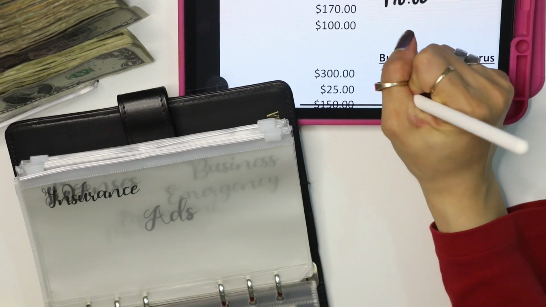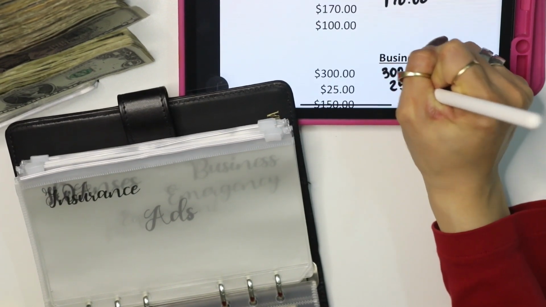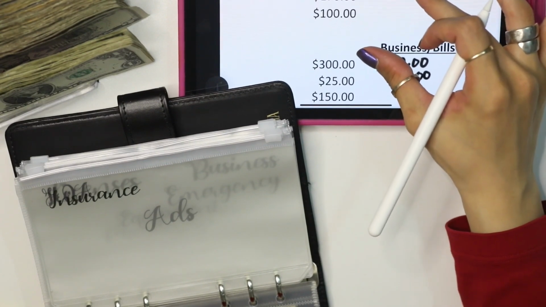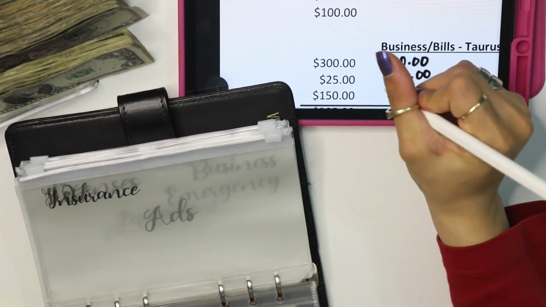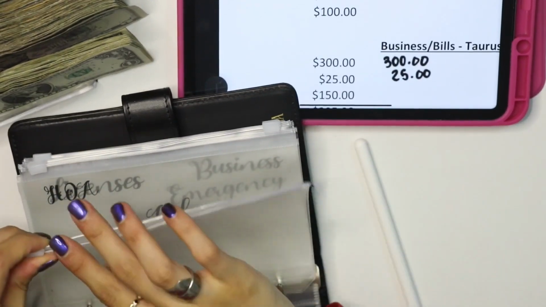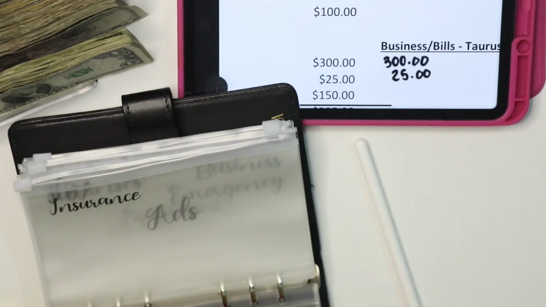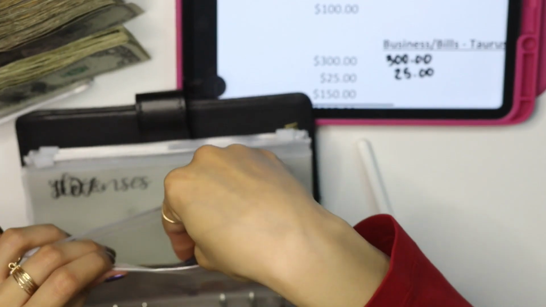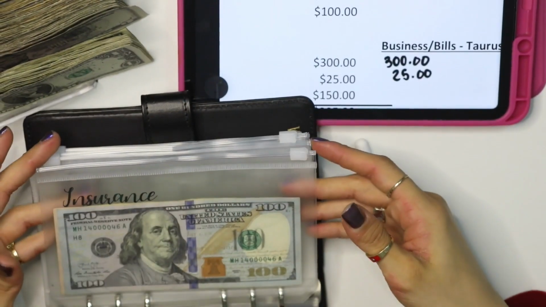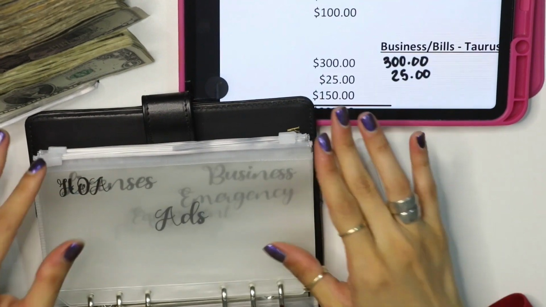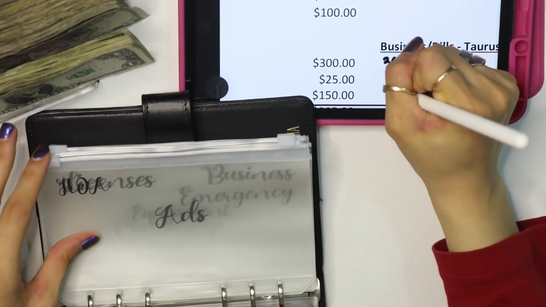And that received 25. That's all that it has. And now we're in insurance. Okay. So insurance will be receiving $150. This is fully funded for this month, actually. And that's all that it has.